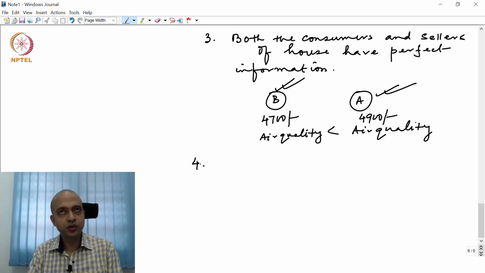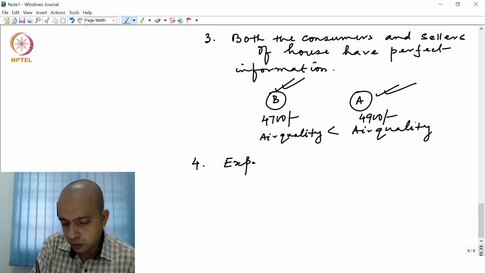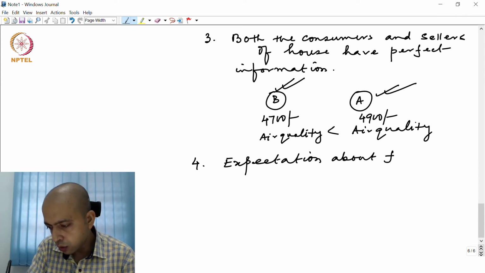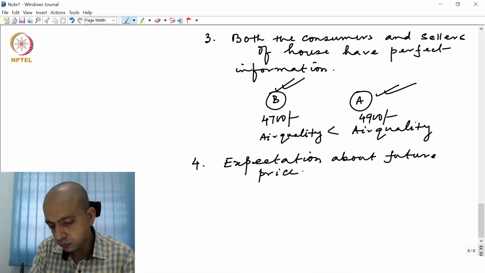Limitation number 4 in the hedonic pricing mechanism: expectation about future price is not included.